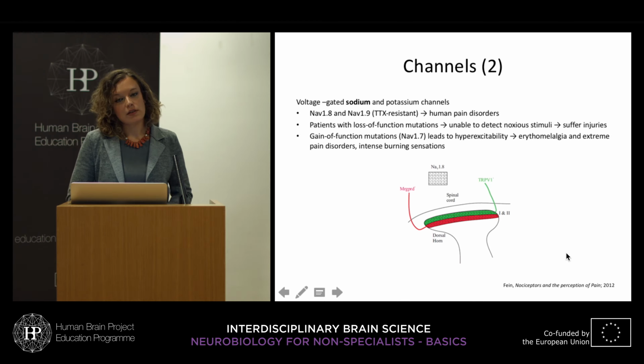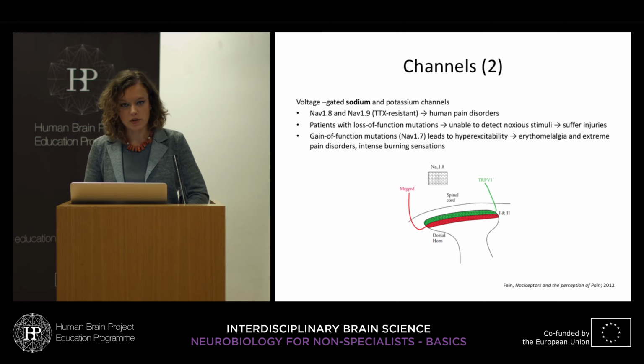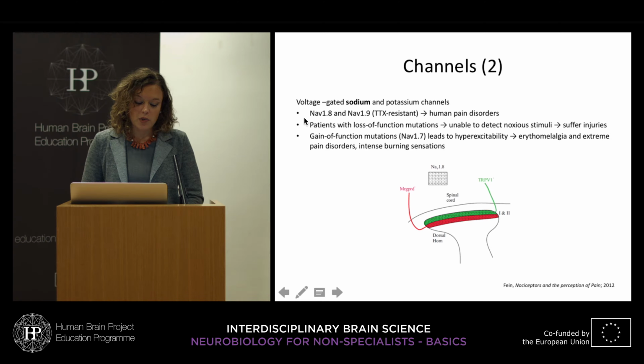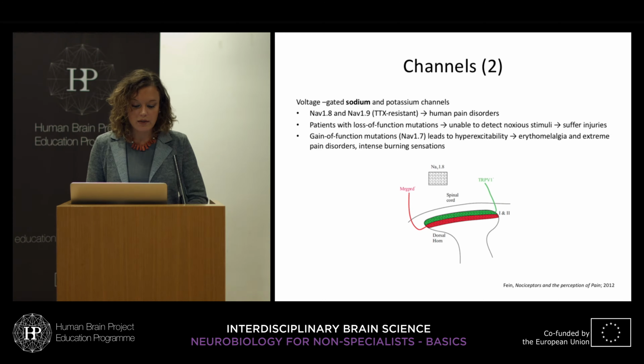In the class of channels that are important for pain sensation and nociception, we also find voltage-gated sodium channels and voltage-gated potassium channels. These are really important channels, because nociceptors predominantly express the NaV1.8 channel, so they can be recognized by this. And why are these channels so important? Because, for example, if you have a mutation in the NaV1.8 or NaV1.9 gene, you can have human pain disorders.